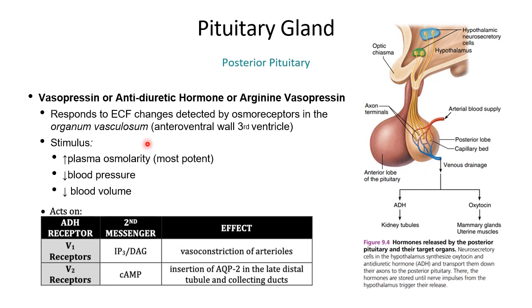That is why it is called vasopressin, because it increases blood pressure by constriction of the arterioles. Antidiuretic hormone also acts on vasopressin 2 receptors, which causes an increase in aquaporin 2 insertion in the collecting ducts so that water is reabsorbed from the tubule and returned into the blood.